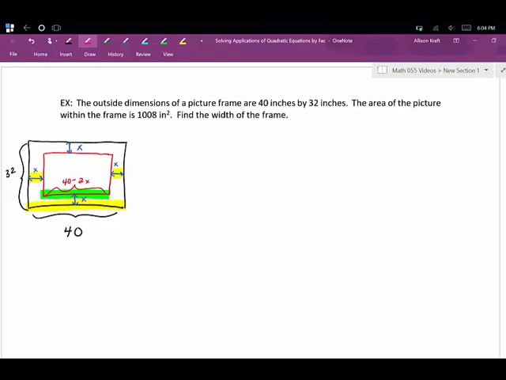We have a similar thing happening the other direction. Again, I started with a length of 32, but then we have a length of x on the top and on the bottom that's being taken away from the overall size, leaving us with 32 minus 2x for the width of this picture.